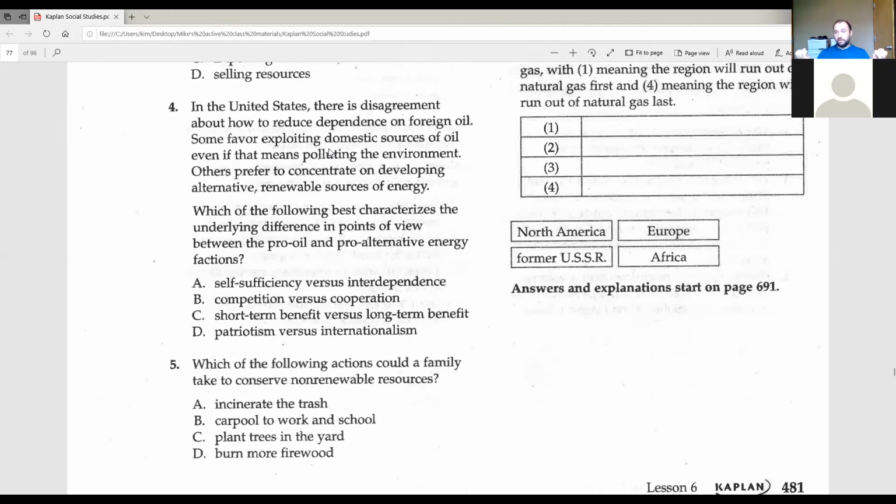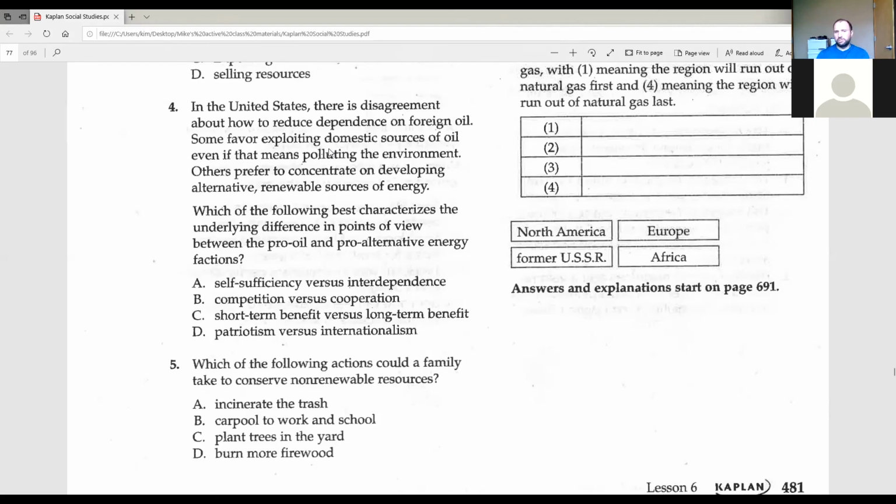The other side says, yes, we agree, we don't want to be dependent on foreign oil. We also don't want to deplete all of our oil and pollute the environment. So let's put more energy into new alternative sources. So it's two sides to the same issue, right?